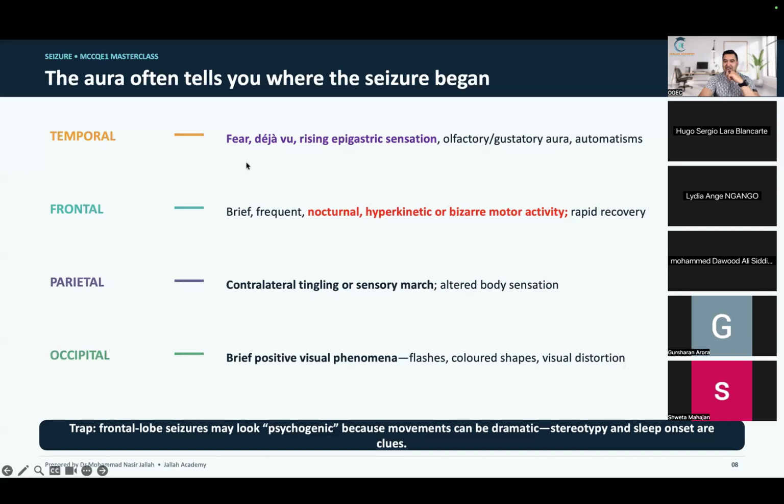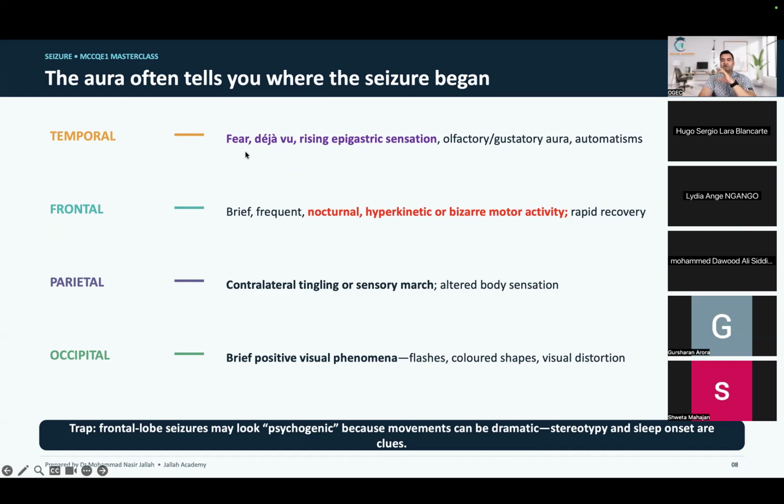Olfactory, gustatory aura, and automatism may all be present, but in most cases, a scenario cannot include all these findings. So the very commonly used clues are fear, deja vu, rising epigastric sensation. If you see this, think about the temporal lobe.